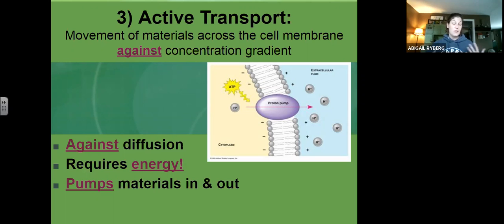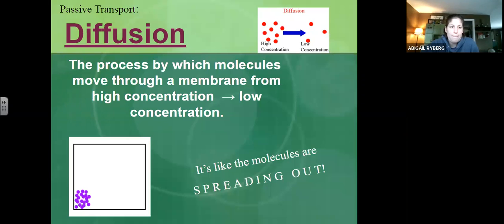There's a special process in our cells that makes that energy. They take glucose energy, like from the lunch I just ate, and turn it into ATP. The ATP is what fuels all of these cellular processes. So active transport requires an input of ATP.